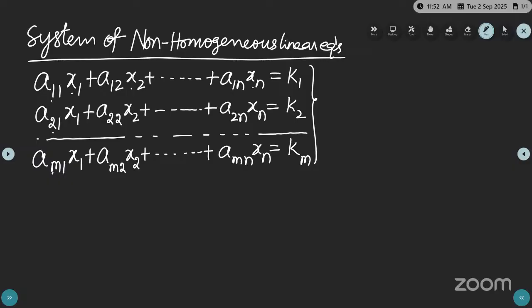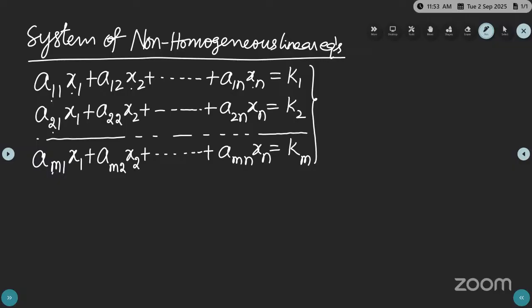If all the variables or unknowns have a maximum power of 1, we call that equation linear. Maximum power 2 is quadratic, maximum power 3 is cubic, 4 is biquadratic, and anything higher is a polynomial of that degree.